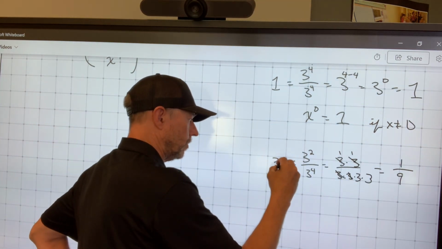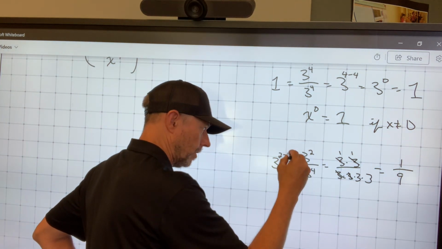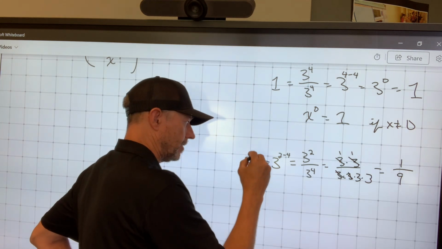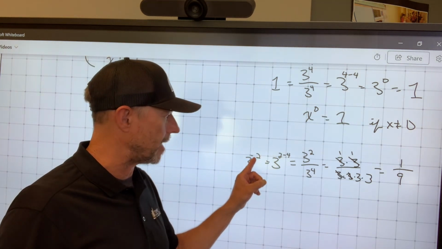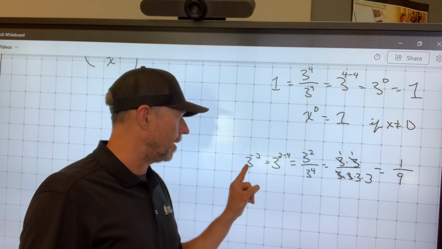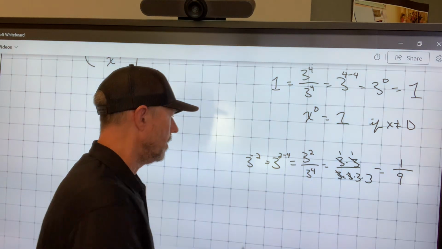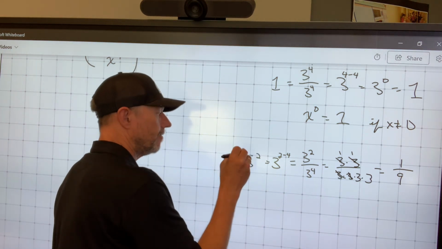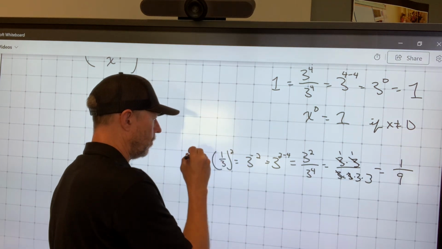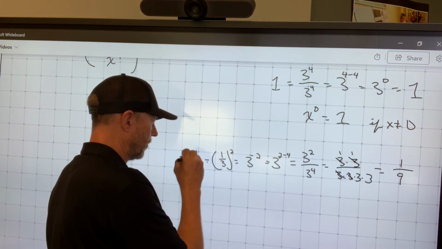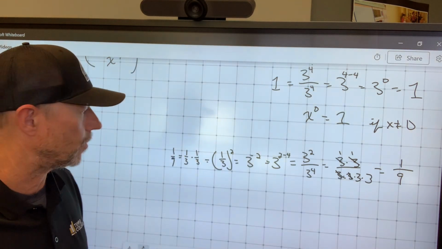We can use the old rule, which is this 2 minus that 4, which would be 3 to the negative 2. And so it shows us that this negative comes from a place where the base appeared more times in the denominator than it did in the numerator. So the negative means flip this, make it 1 over 3 squared, so you have 1/3 times 1/3, which gives you 1/9. That's one way to express it.